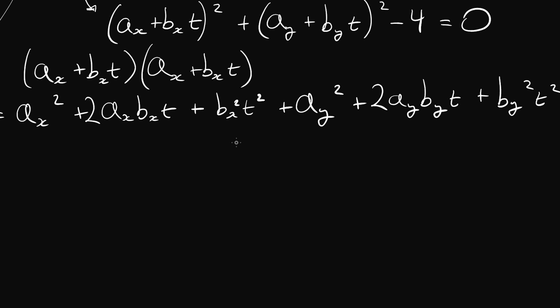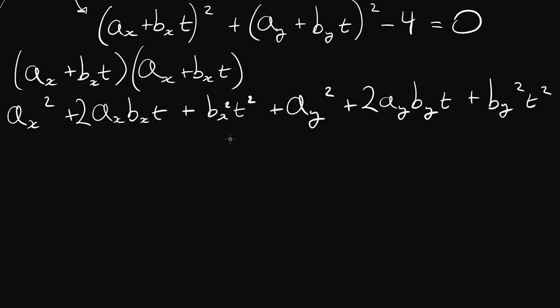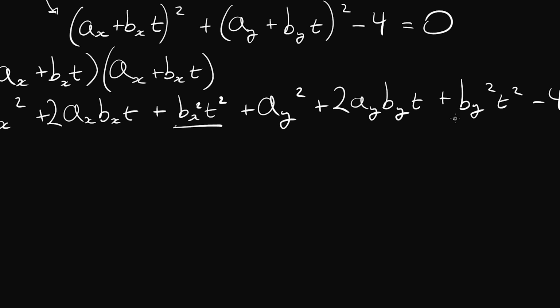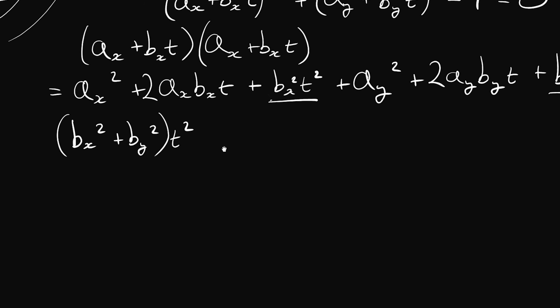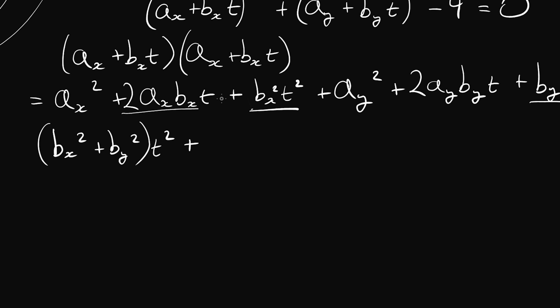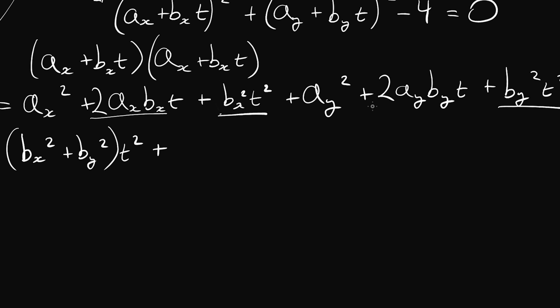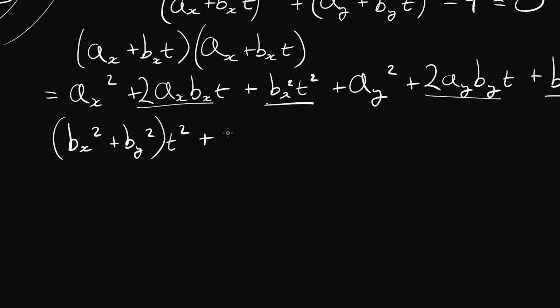What that means is that we're going to group all the terms that are t squared, which is just this one here and then this one here. So this is simply going to be bx squared plus by squared, and then all of that is multiplied by t squared. So there's our t squared component. Then we're going to add in just the t terms. So this one over here and this one over here are our two t terms.